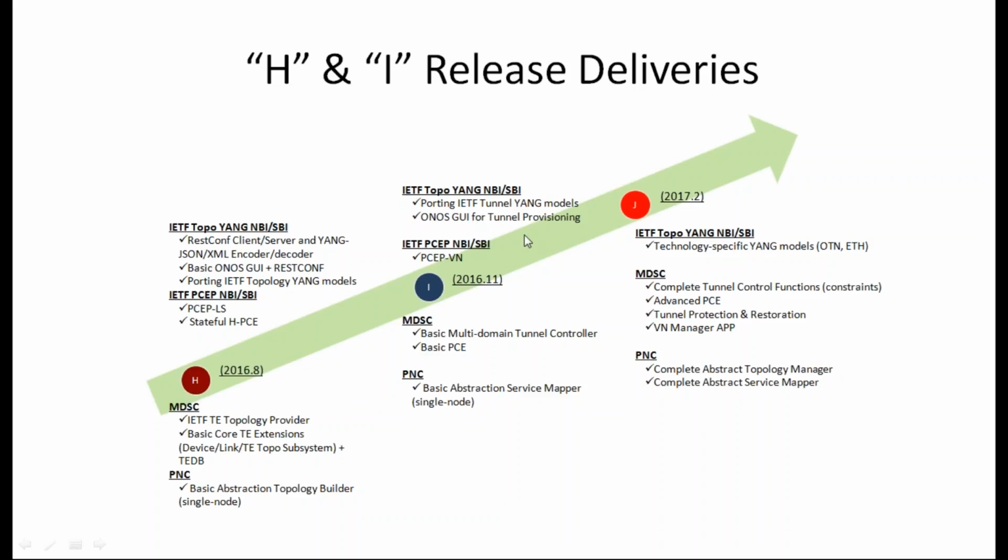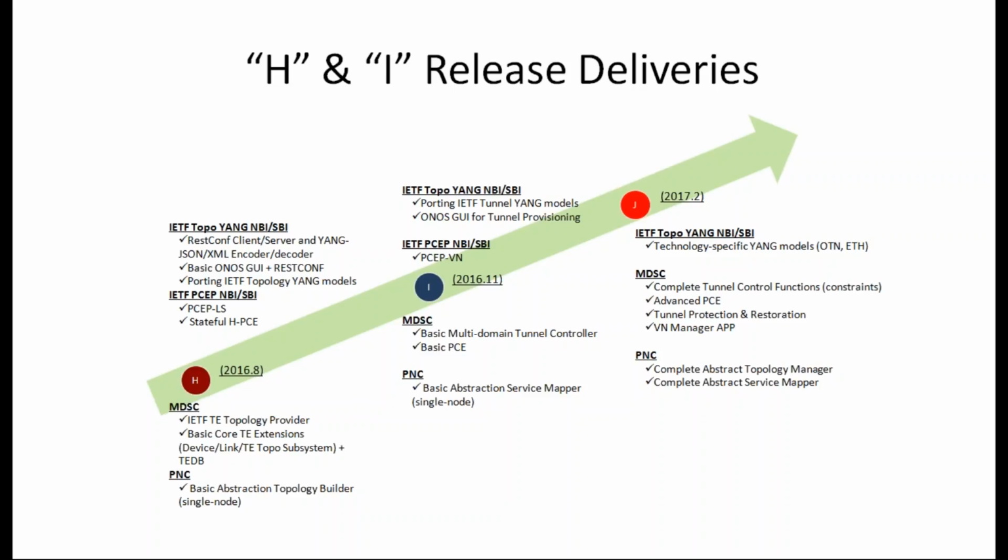And so in the I release, the logic behind the I release is we're going to introduce the capability for tunnel provisioning, basically to be able to provision end-to-end multi-domain transport or not transport TE tunnels across multiple physical domains, multiple domain controllers, and also support using the IETF YANG model for the tunnel provisioning.